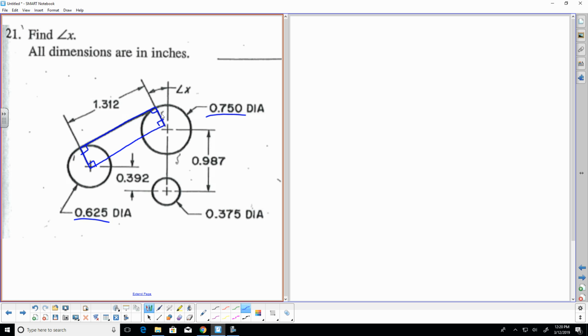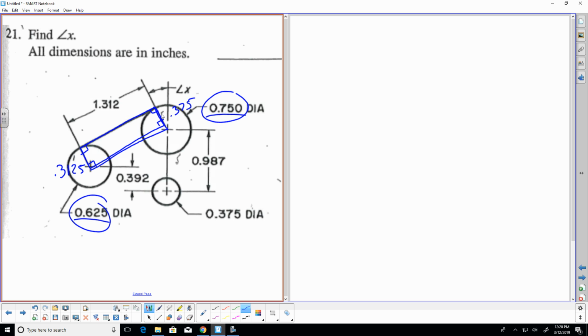And if you think about it, now I can do a little bit of math here to figure out what their side lengths are. If we were to go all the way here and over, this distance on the side would be half of this, which is 0.375. And over here is half of this, which is 0.3125.